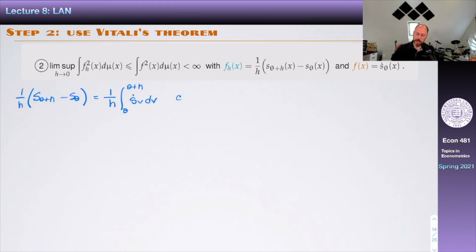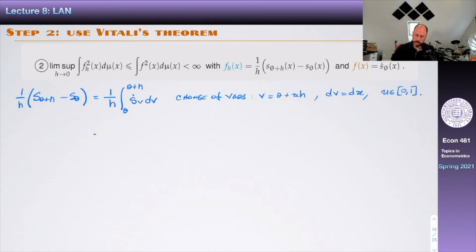And let me now introduce a change of variables, defining b as theta plus uh, so that db equals h du, and u here takes values between 0 and 1.